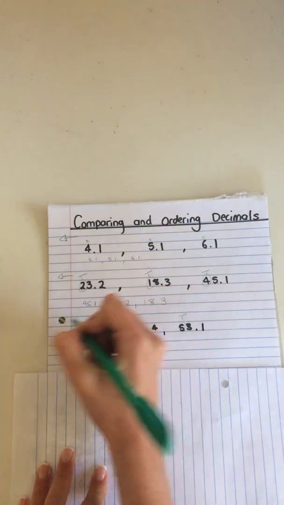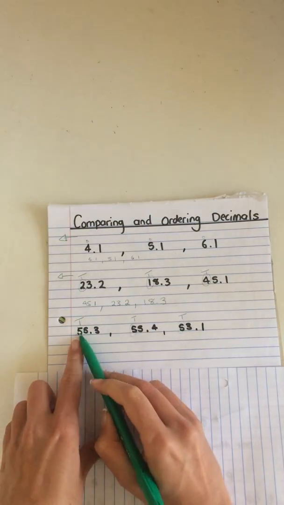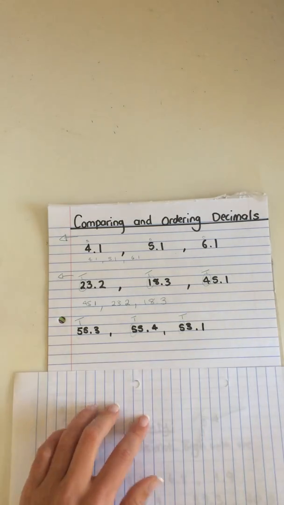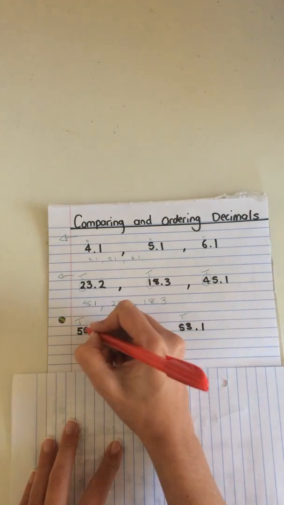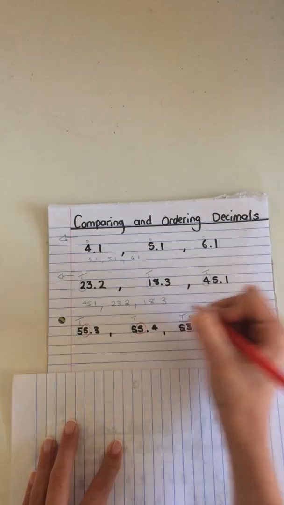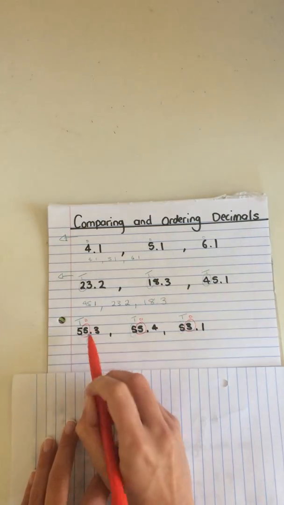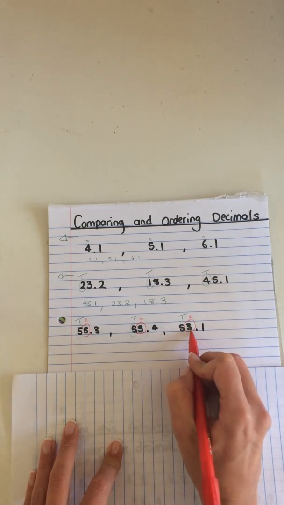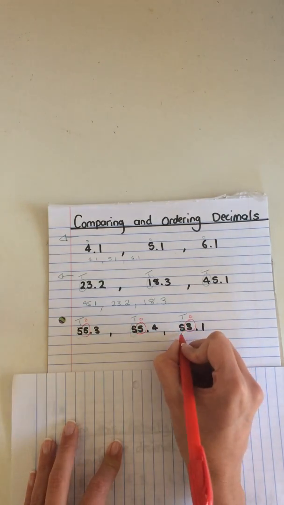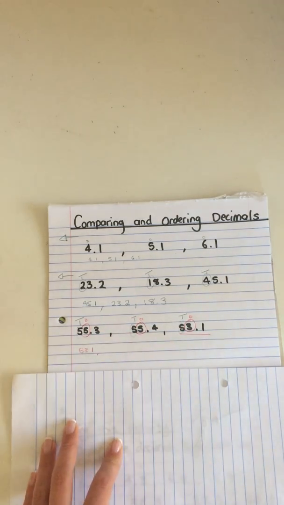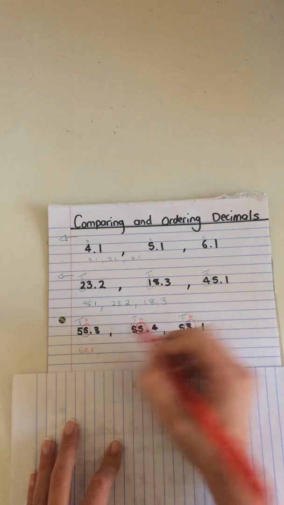So now, all my tens are the same. So because all my tens are the same, I need to go next door and look at my next number, which in this case are ones. Okay, here I have 5, here I have 5, here I have 3. So I know 3 is smaller than 5, so definitely that decimal, 53.1, is going to be the smallest one, because 3 is smaller than both those 5s.